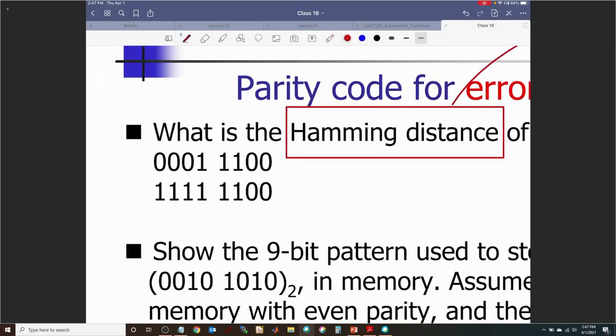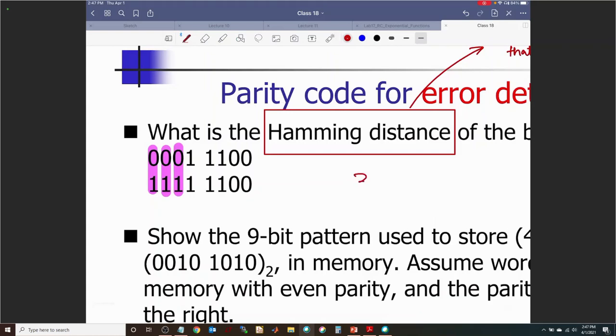Well, I hope you can see that it's different over there, different over there, different over there, and all the other bits are exactly the same. So the Hamming distance between these two codes is going to be 3. You're simply finding out at a specific location whether they are the same or not. The number of places they are different is going to give you the Hamming distance.